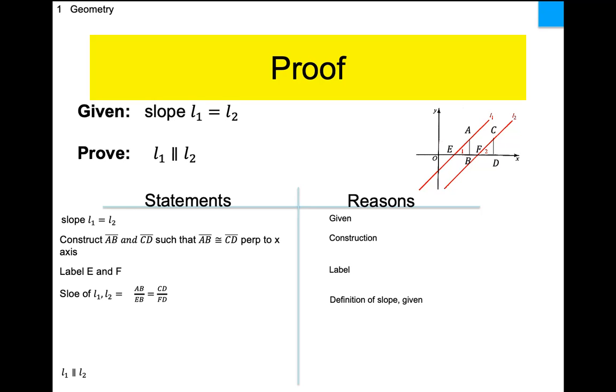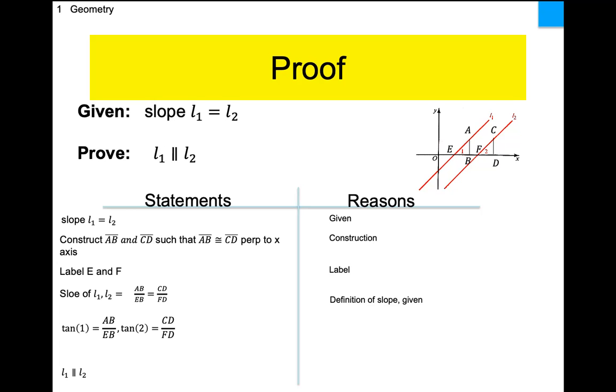If I just choose tangent of angle 1, remember SOHCAHTOA, the tangent of angle 1, suspiciously, I'm specifically choosing tangent, is also equal to that same proportion. Think about that. The tangent of angle 1 would be the rise over the run, except we don't call it rise over run, we call it opposite over adjacent. Check it out. Tangent of angle 1 would be equal to AB over EB.